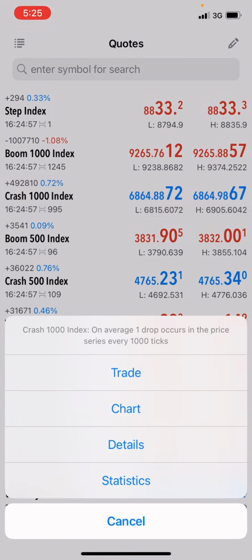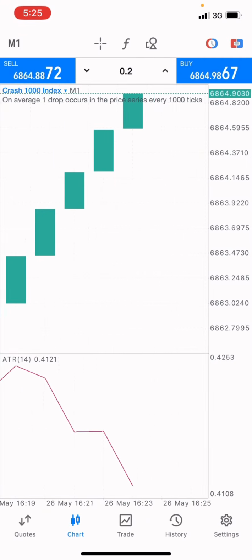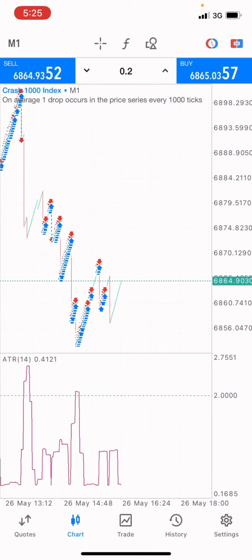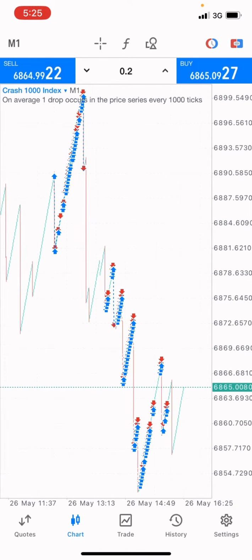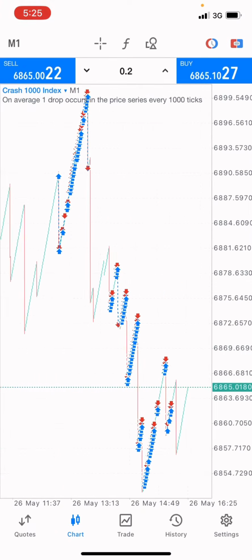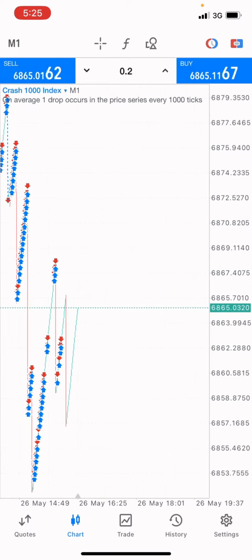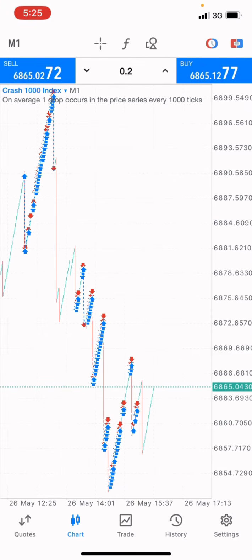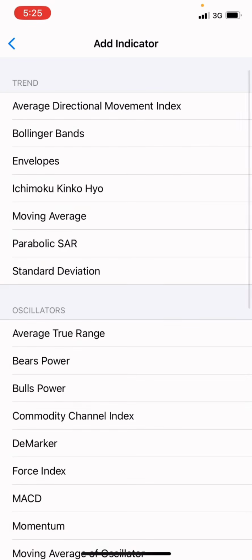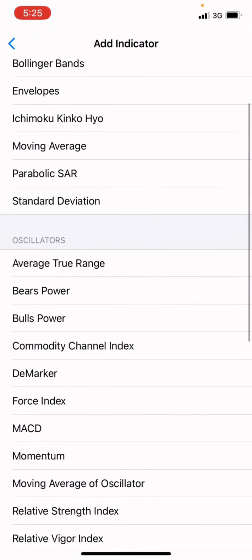I'm going to check the market chart, and you zoom it to the first zoom level. First, go to your indicators and choose Average True Range.